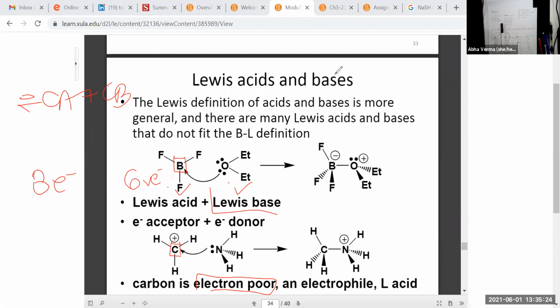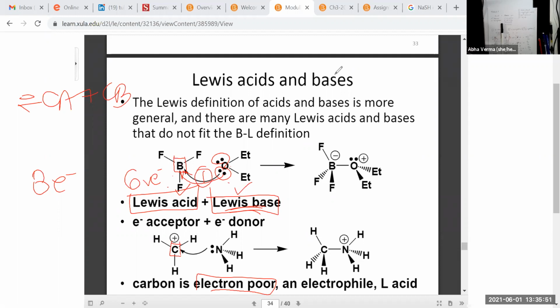And this is where it fulfills the definitions given by Lewis, which only depicts electrons and nothing about hydrogens. So if you look at this structure, what we get is attack from your base, the Lewis base, the lone pairs attack. And instead of getting 2 arrows, we only get 1 arrow.